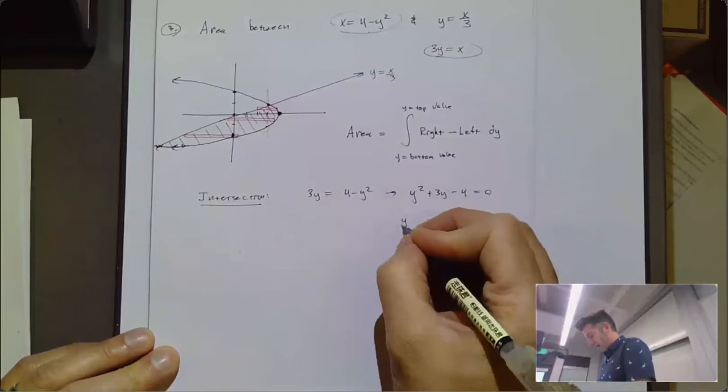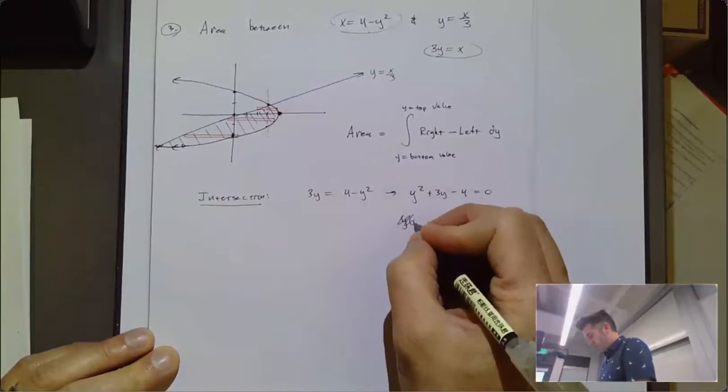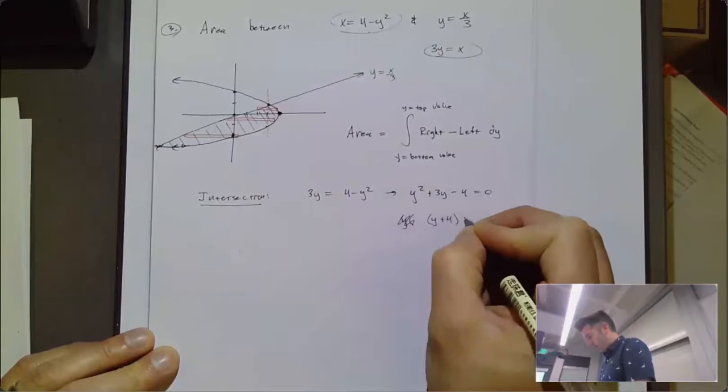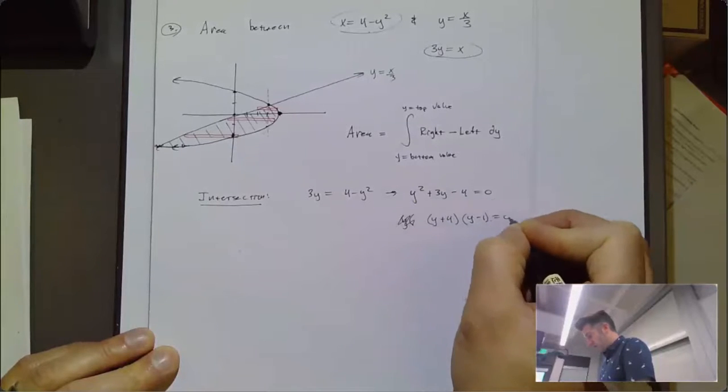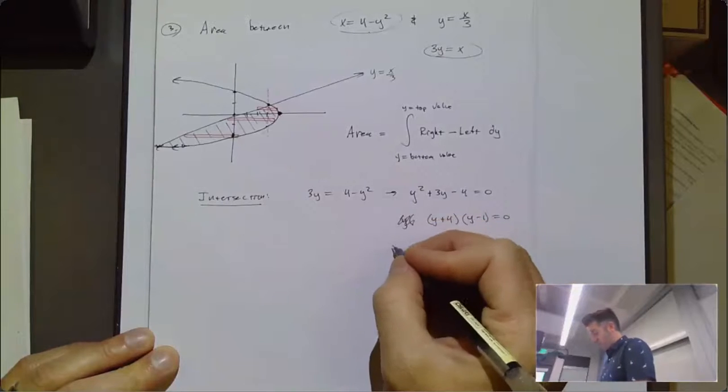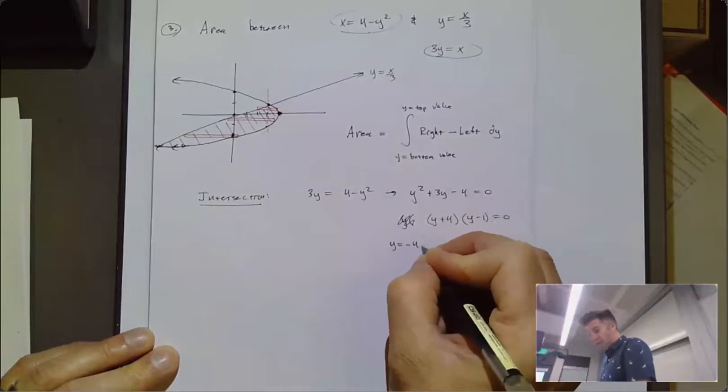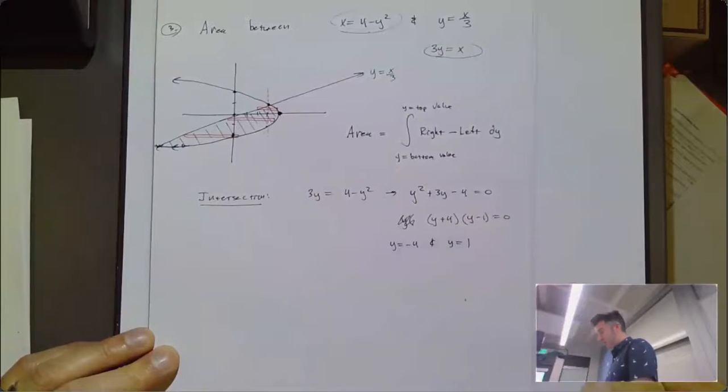And then I'm getting y plus 4 times y minus 1 equal to 0. So it looks like my points of intersection are y equal to -4 and y equal to +1.